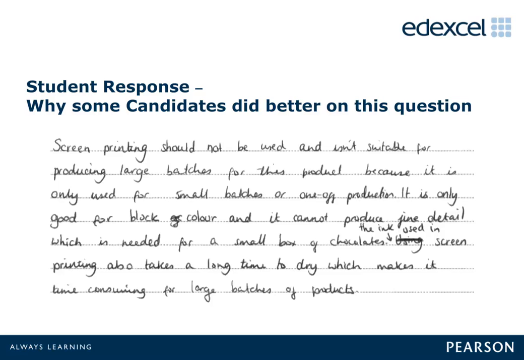In this particular example, the candidate has provided 1 justified reason. The ink used in screen printing also takes a long time to dry, which makes it time-consuming for large batches of products, which attracts 2 marks. However, because they have provided 2 further points without any expansions, only 1 additional mark is awardable.